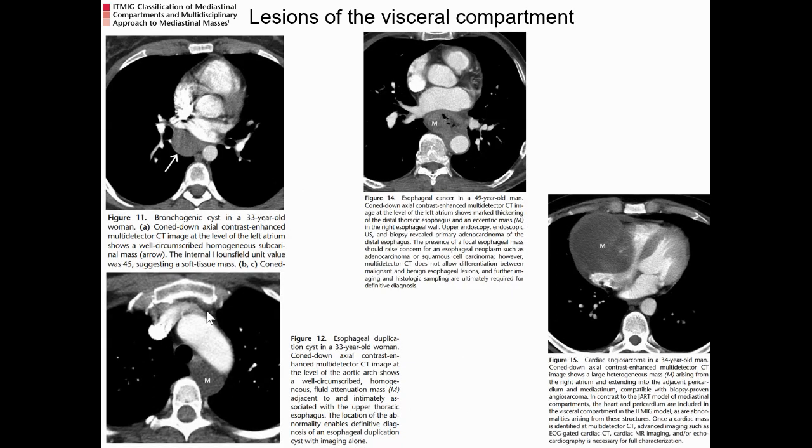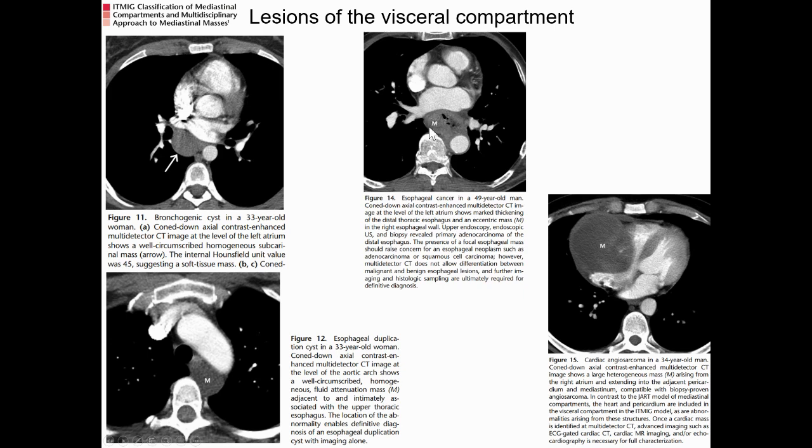Now let's move on to the middle part of the mediastinum. Again, a cyst is an easy diagnosis. If it's closer to a bronchus, then we call it bronchogenic cyst. If it's closer to the esophagus, we call it an esophageal duplication cyst. Either way, they will be resected.